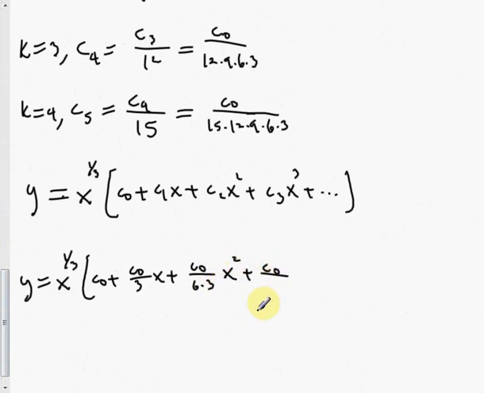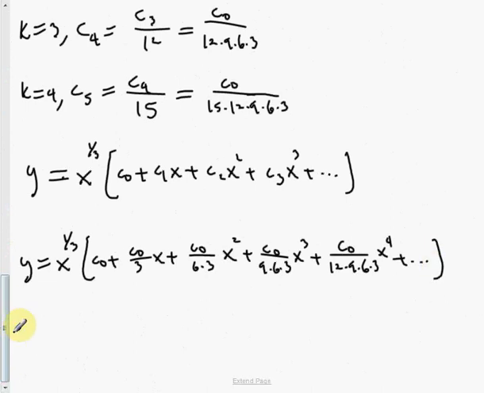The next one, C naught over 9 times 6 times 3 times x to the third, plus C naught over 12 times 9 times 6 times 3 times x to the fourth, plus and so on.